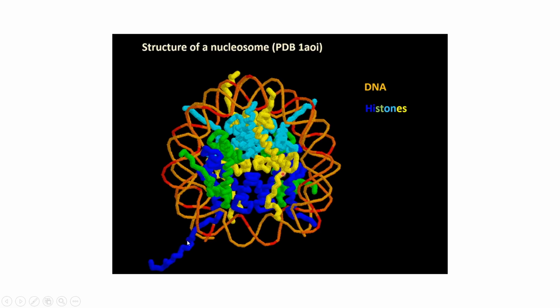All those modifications govern the compactness of the DNA. If acetylation is done, it will loosen the DNA binding with the histone, and if there is phosphorylation, more compact DNA binding will occur. So post-translational modification helps determine the degree of compactness of the DNA.